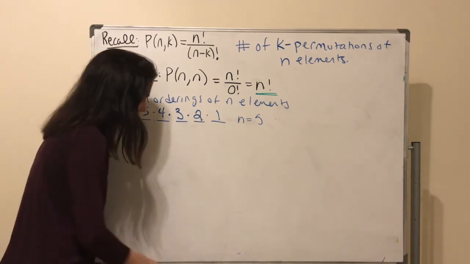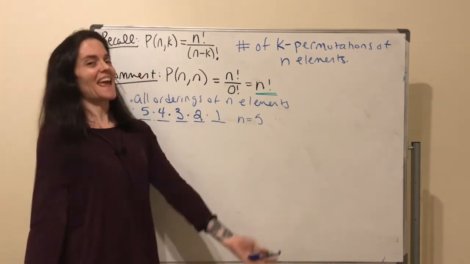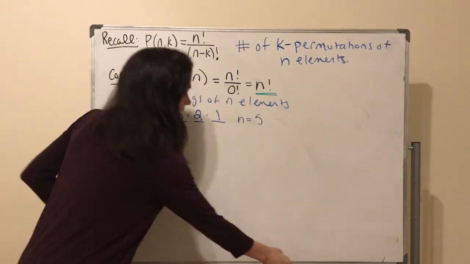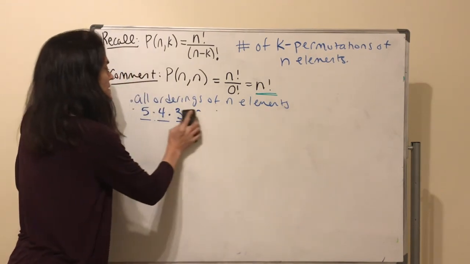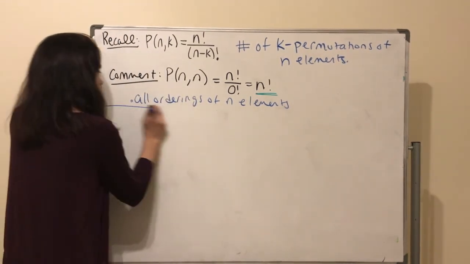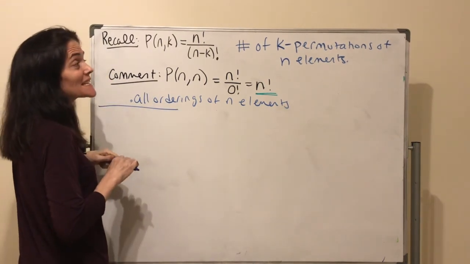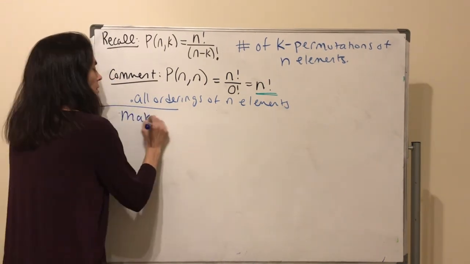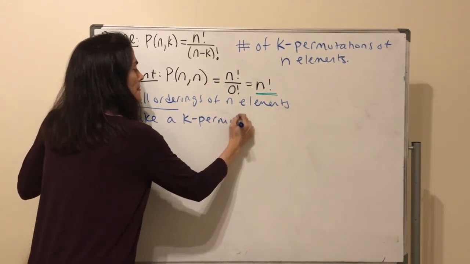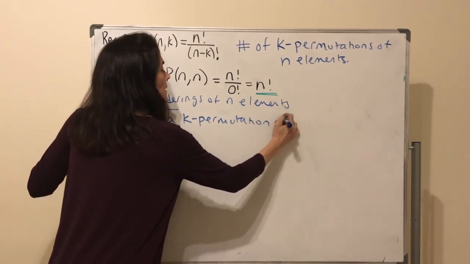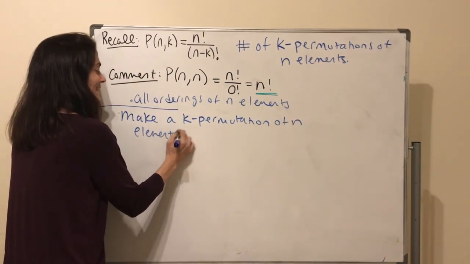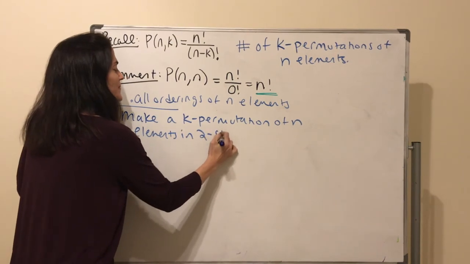Okay, now back to the task at hand, which is we want a formula for n choose k. So let me maybe just erase this. How I will do this, as I mentioned, let's count k permutations. We will make a k permutation of n elements in 2 steps.